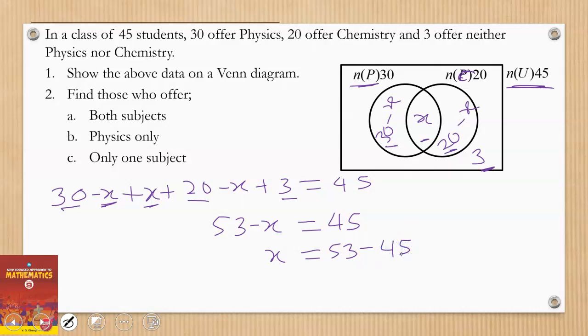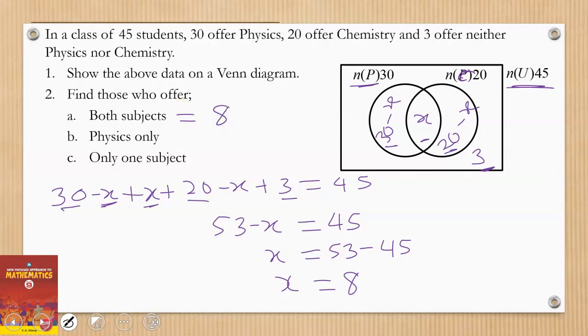When you do that simple arithmetic, 53 minus 45, we are going to have 8. That means 8 students study both physics and chemistry. So that will answer this question.